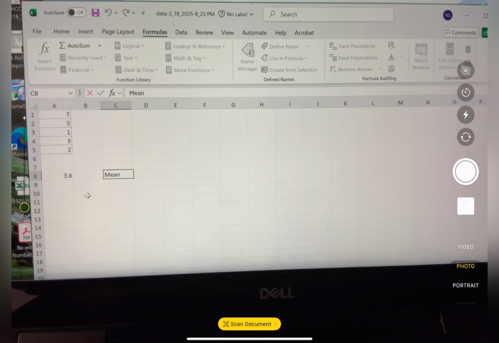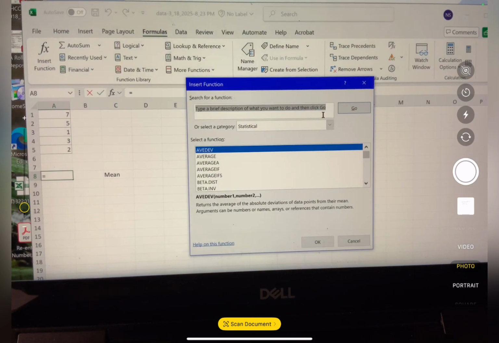The other way you can find this out is to click a cell and then click Insert Function. Here I'm typing mean, but in Excel it comes as average.